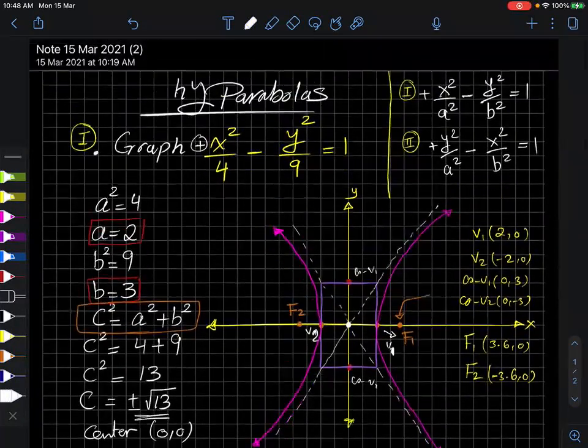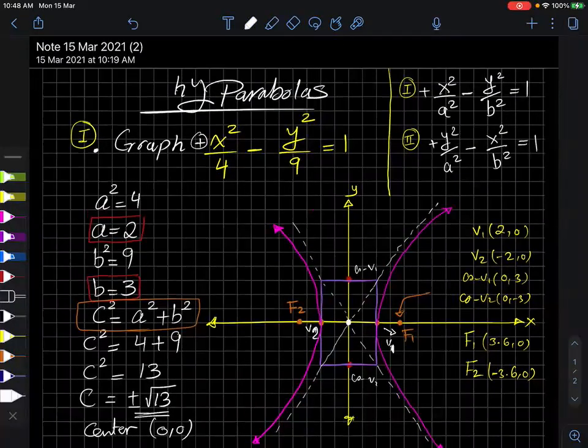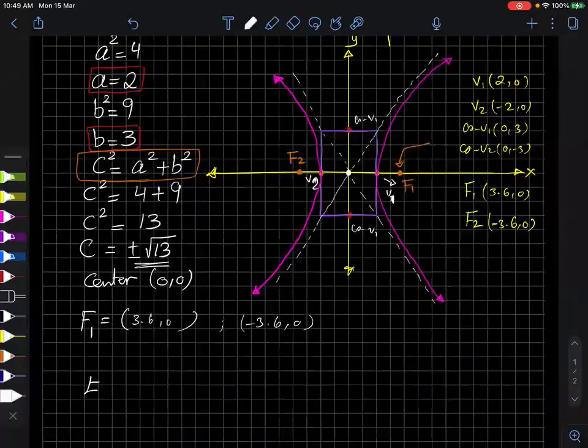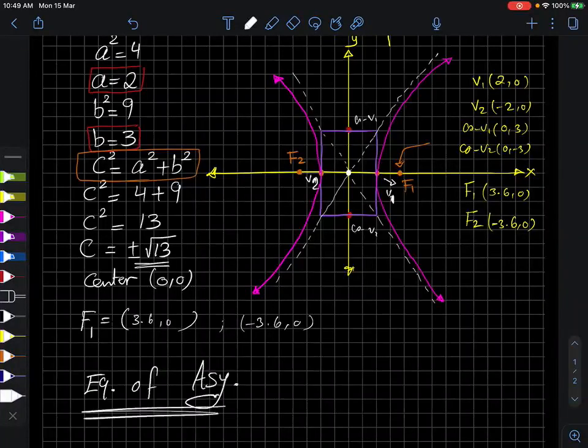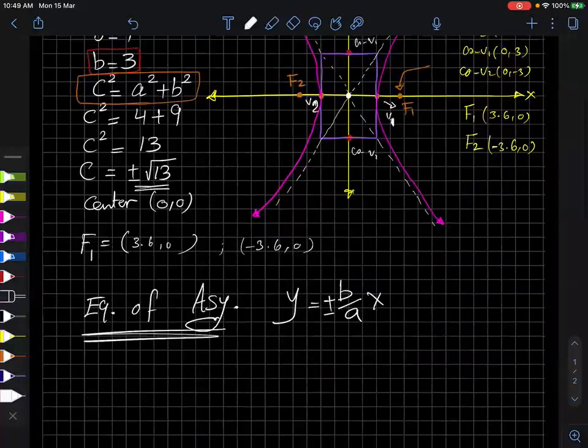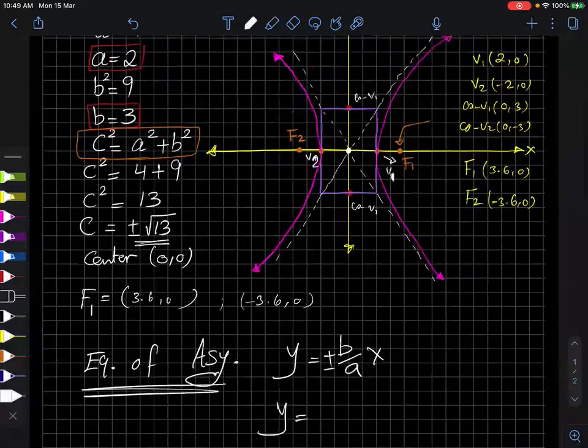Because here x squared has a positive sign, the equation of asymptotes is y equals, is it b over a or a over b? Sometimes you will find that the equation of asymptotes is plus or minus b over a x, in case your center is 0, 0, like this question. So you'll find y equals b over a or a over b according to the question type.